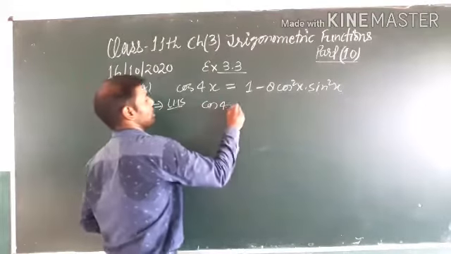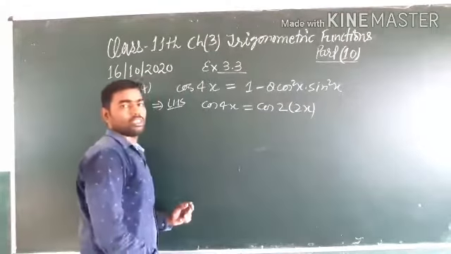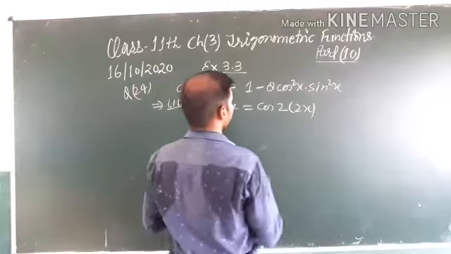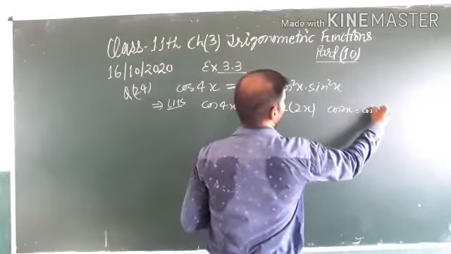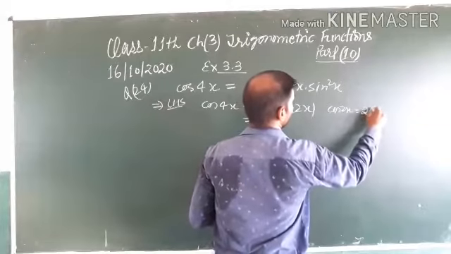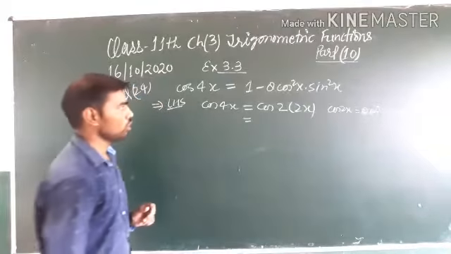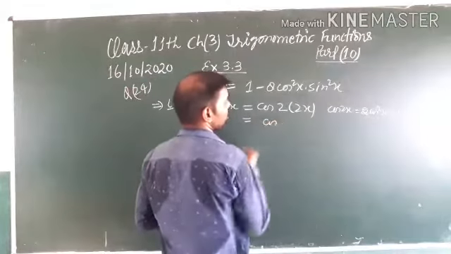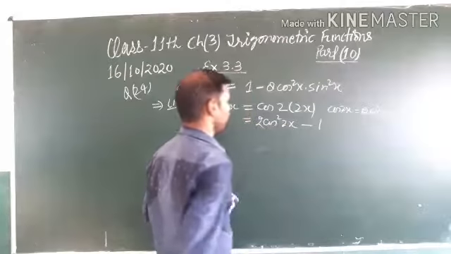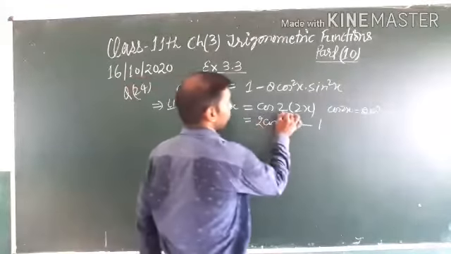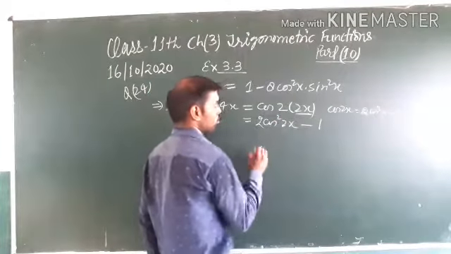Cos 4x is equal to cos 2 into 2x, and cos 2x is equal to 2 cos square x minus 1. So we use this concept: cos 2 into 2x is 2 cos square 2x minus 1, and this is cos 2x, so we can write 2 cos square x minus 1.